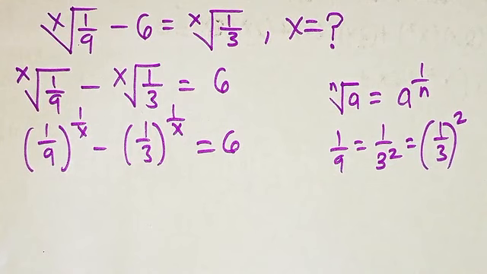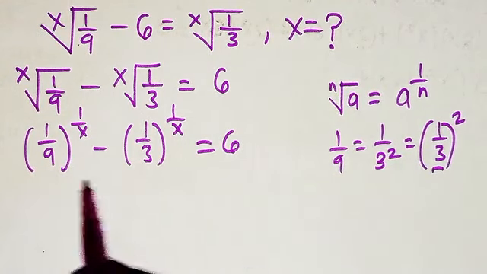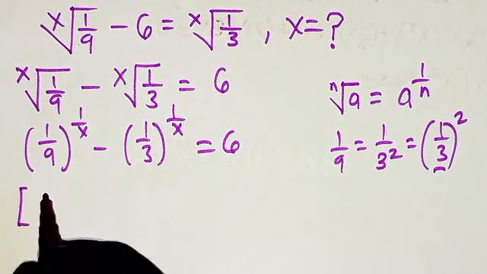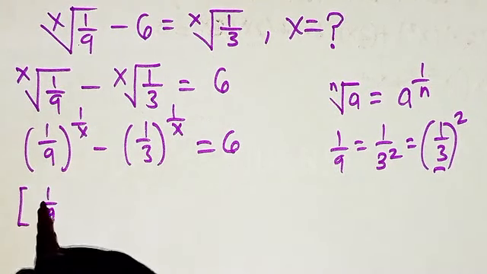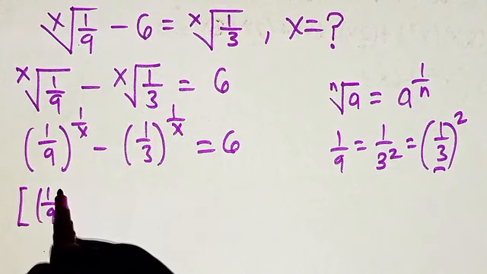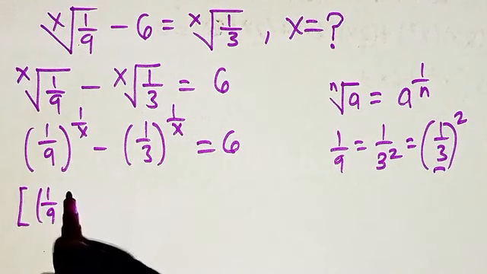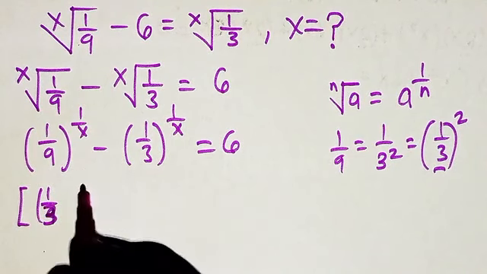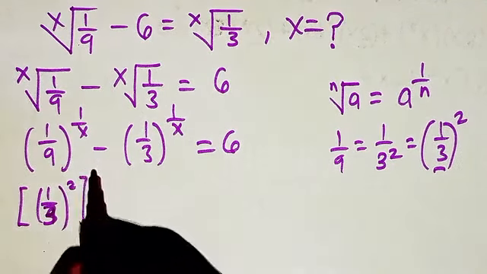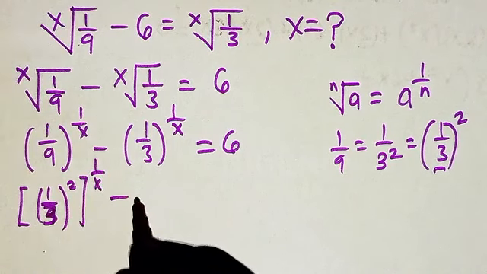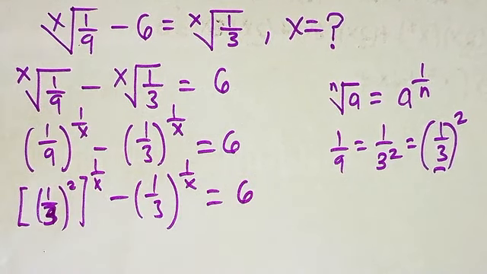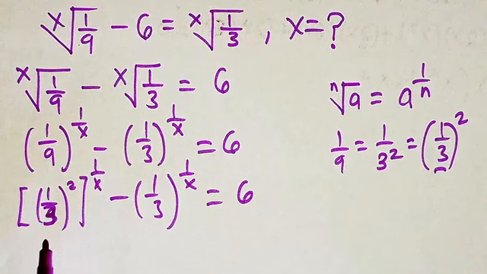Then we replace this 1 over 9 by 1 over 3 all squared. I have the power 1 over x here before, minus 1 over 3 to the power 1 over x equals 6.